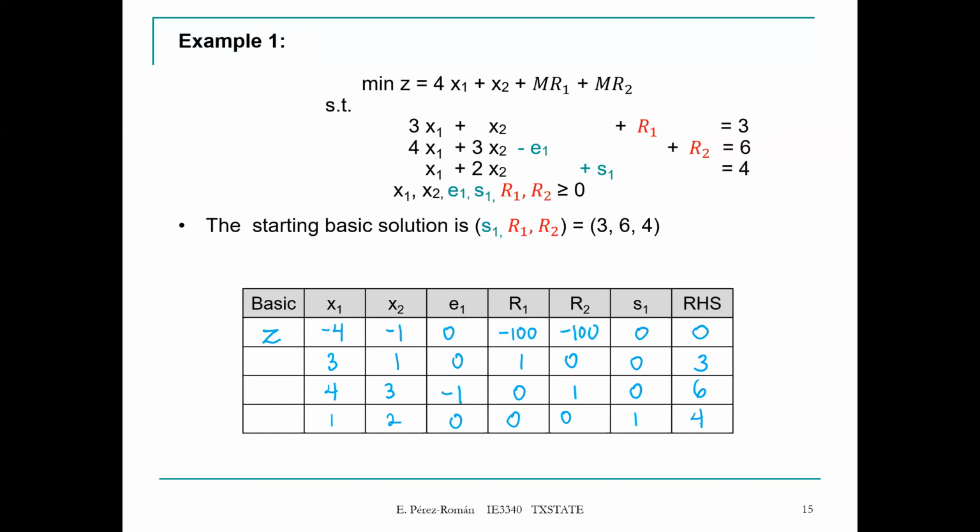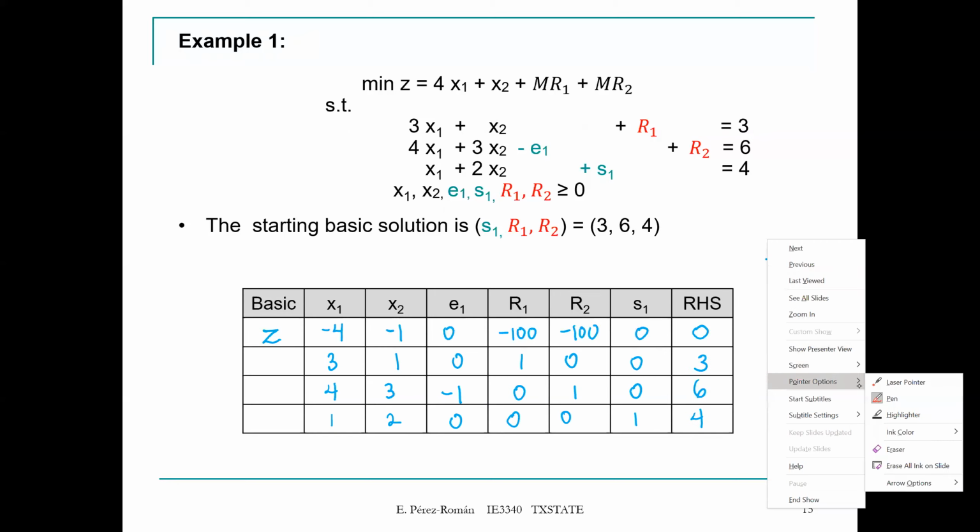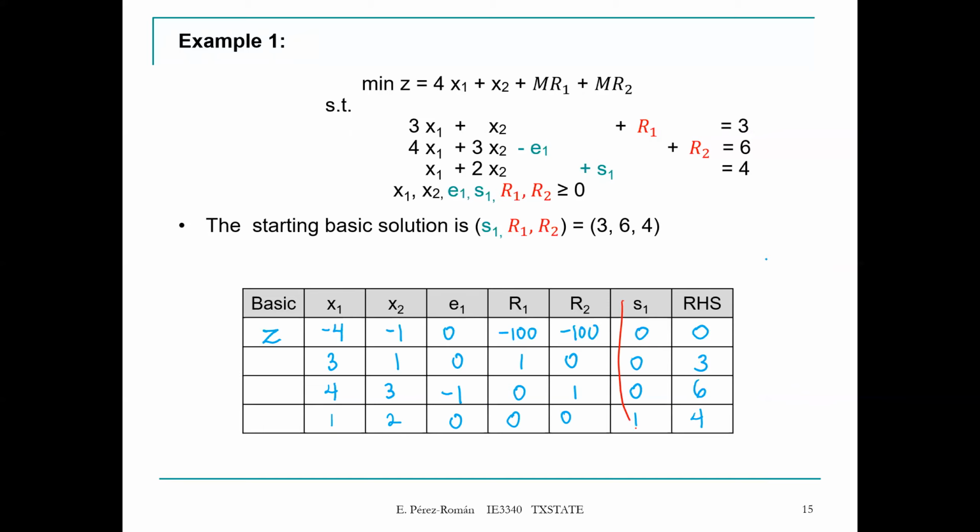Now the question is, what are our artificial variables? We need to identify them. We know S1 is going to be a basic variable, and we want R1 and R2 to be our basic variables for the initial solution.